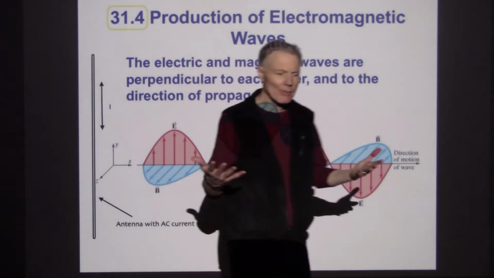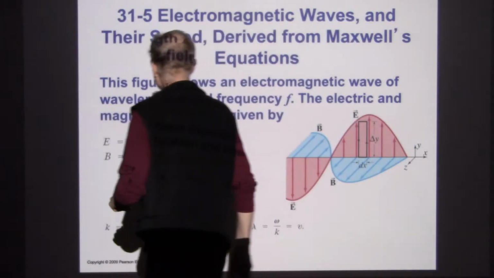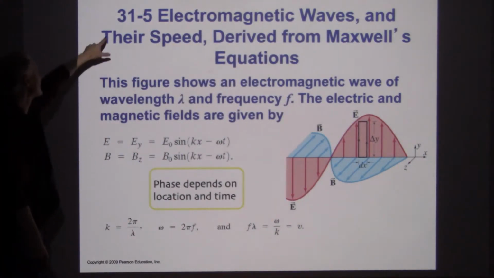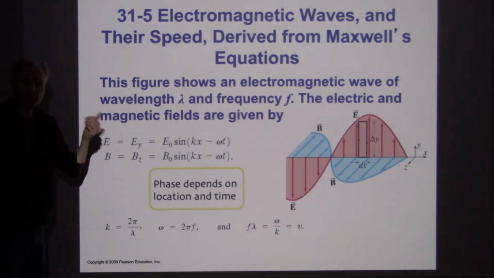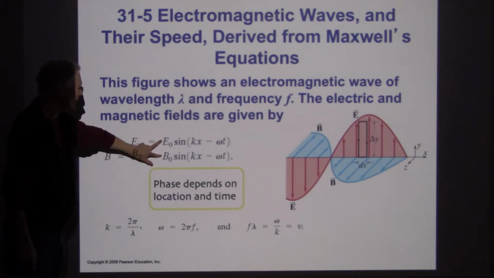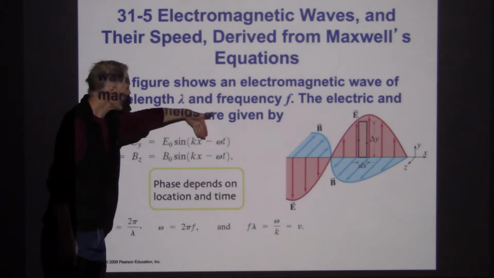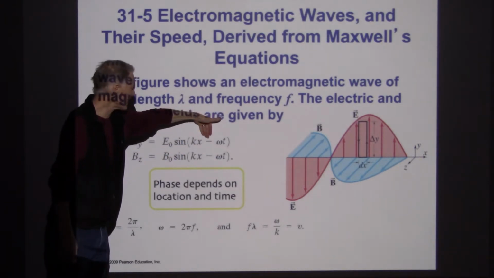So when we say that the electric and magnetic field are sine functions, here's the way it gets represented. This is from chapter 31, but we're going to see the same thing here in chapter 34. Here is an amplitude, a magnitude, and then here is this sine function, and this represents a propagation.